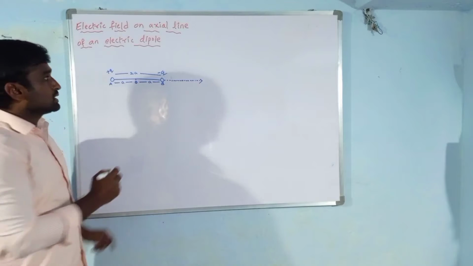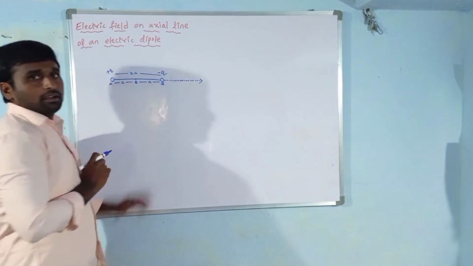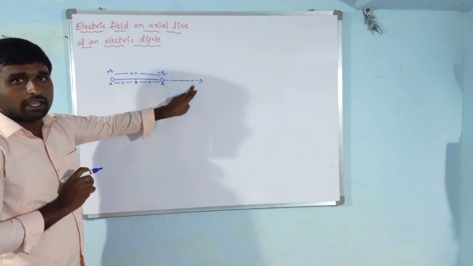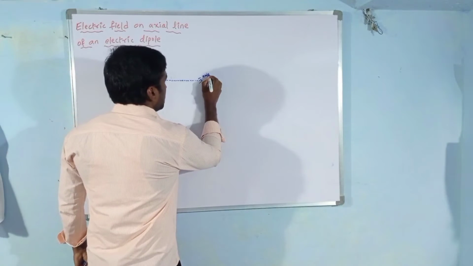If we add these two, we get the total distance of the electric dipole, which is 2a. See here, this line is the axis of the electric dipole, also called the axial line.